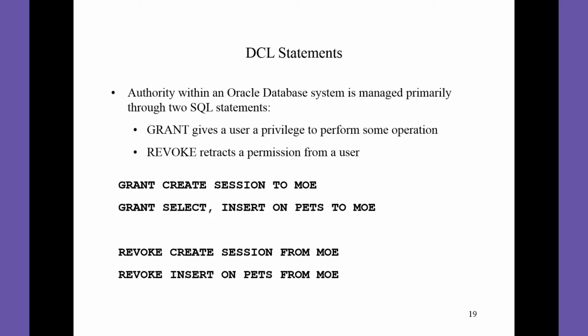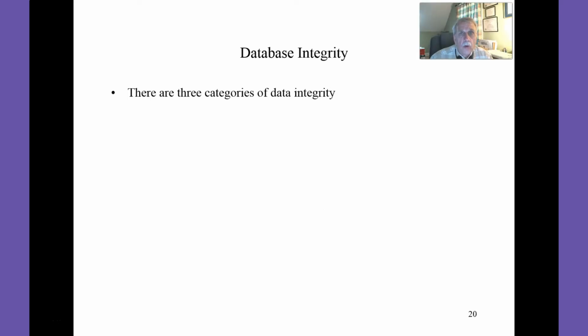There are three categories of data integrity when talking about a database system: entity integrity, referential integrity, and user-defined integrity. We'll talk about entity integrity and referential integrity in some detail. User-defined integrity essentially means that you have some kind of specific business rules that apply to the organization.